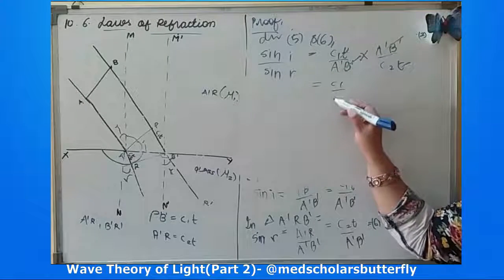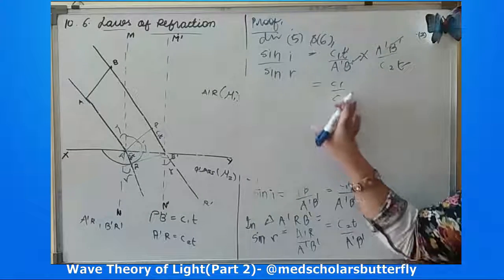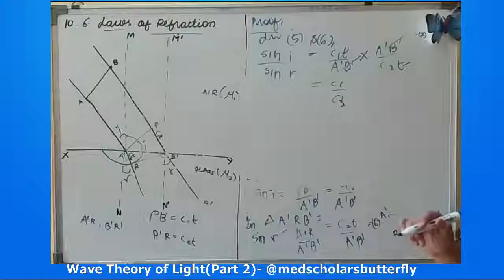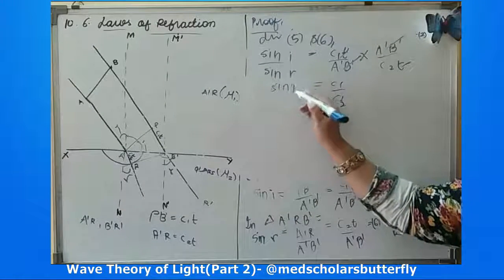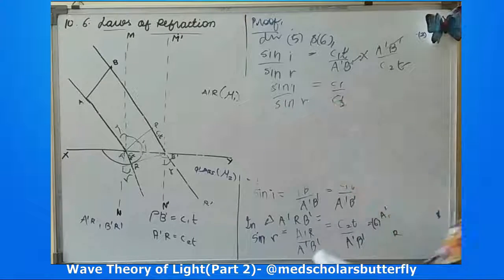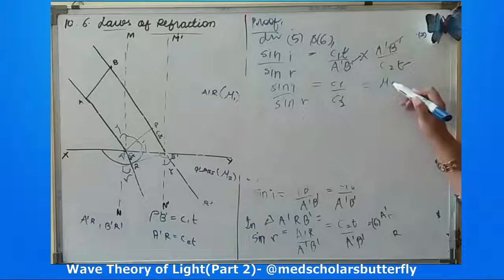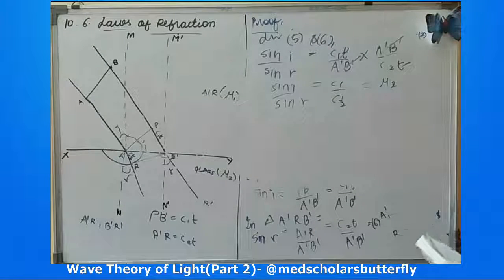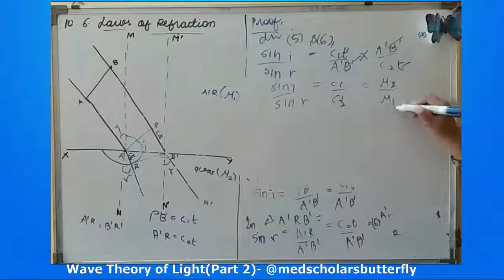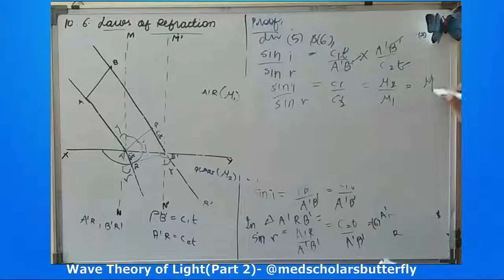We get C1 upon C2, which is sin I upon sin R. Light travelling in the first medium, this is mu2 and this is mu1, which together we can write as mu21. This is nothing but the refractive index of glass with respect to air.